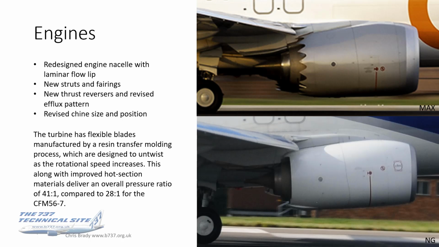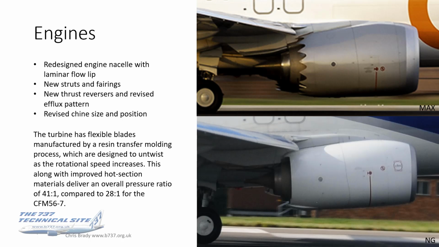So the engines themselves, the top photo there shows the Max. The big giveaway, apart from the size, is those chevron trailing edges there, which is for noise. I'll show you that in a moment. But other more subtle designs, the nacelle has been redesigned and it's got a laminar flow lip.